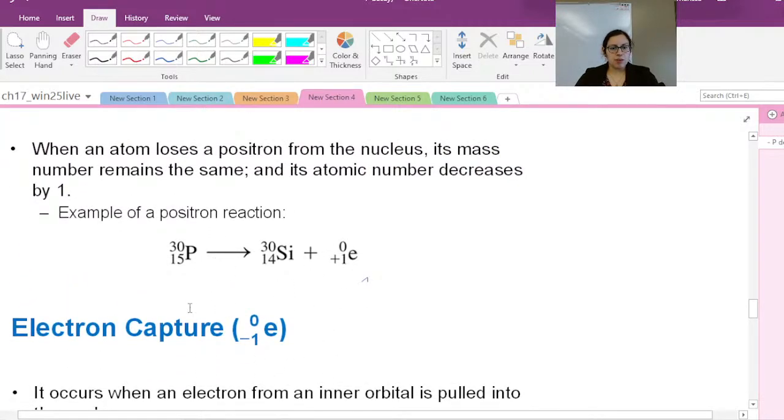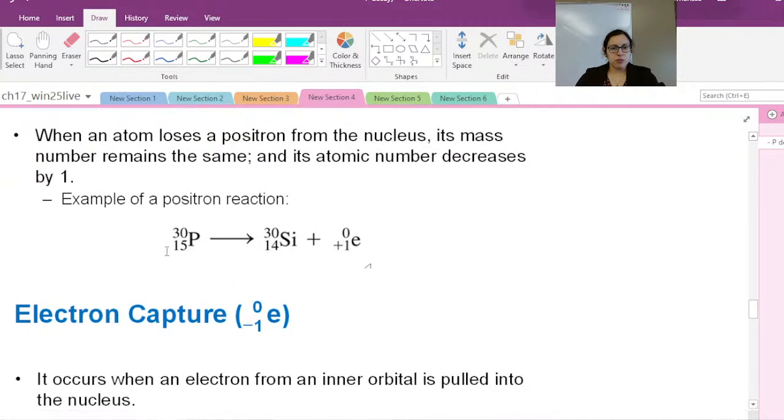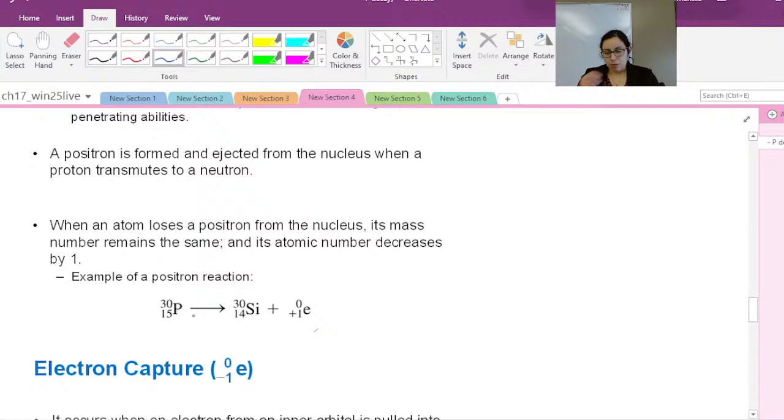This is our classic example of a positron, or positive beta decay: phosphorus 30 going to silicon 30, and the math all adds up there.